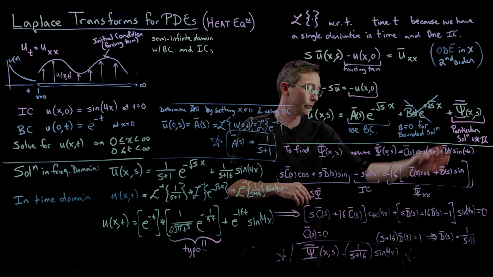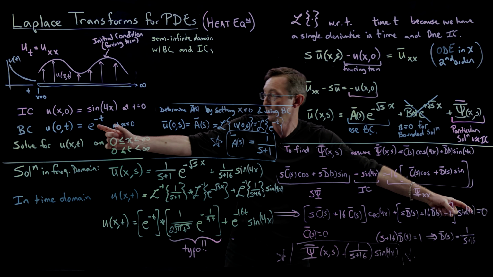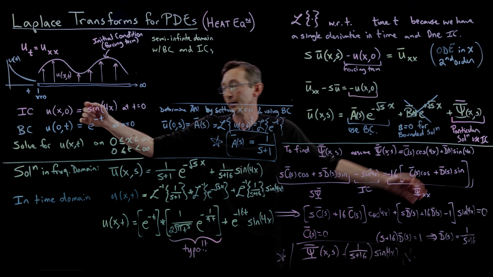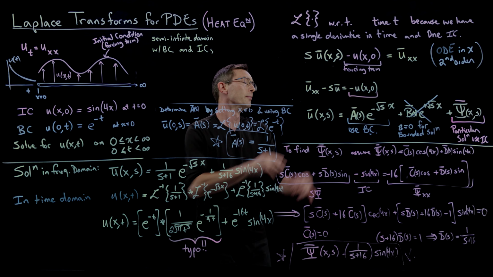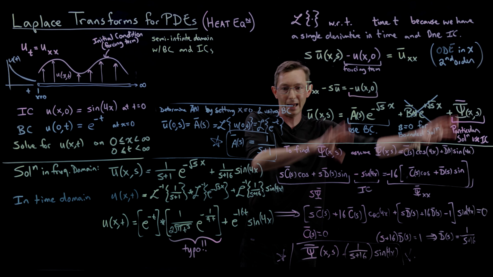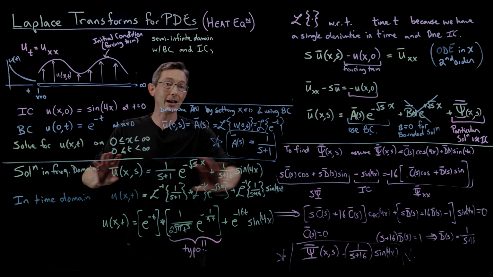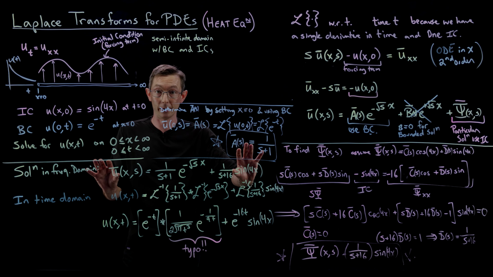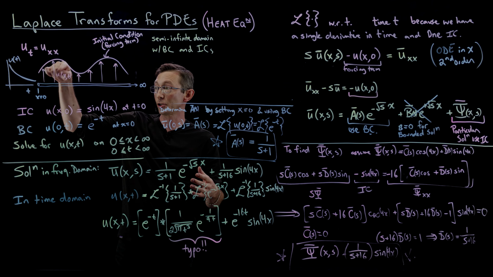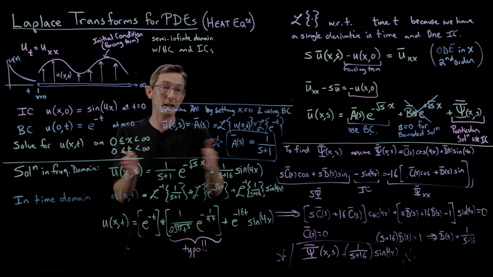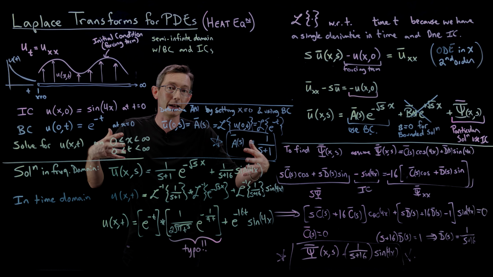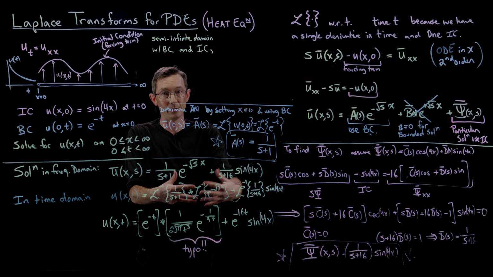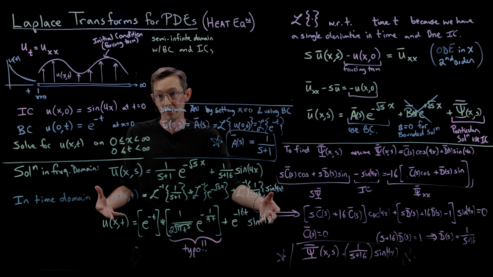My particular solution is some transfer function times my forcing function, my initial condition sine of 4x. When I go through all of that math, I get my solution u of x and t in the Laplace transform domain. So all I need to do is inverse Laplace transform this, and I get my solution in the time domain.